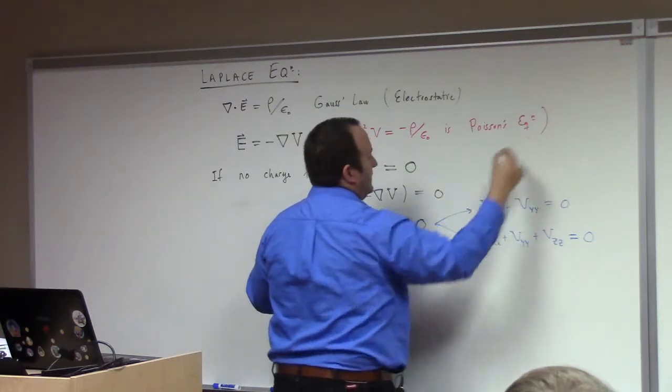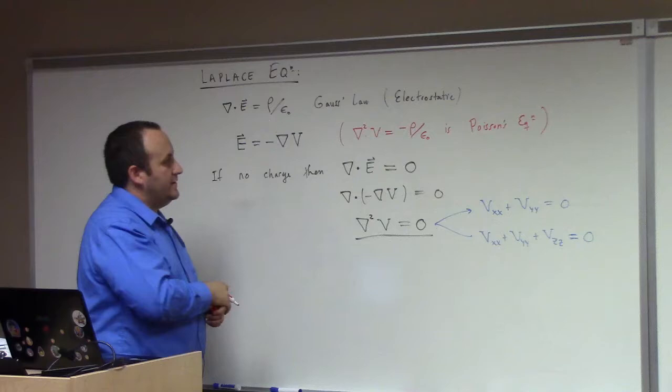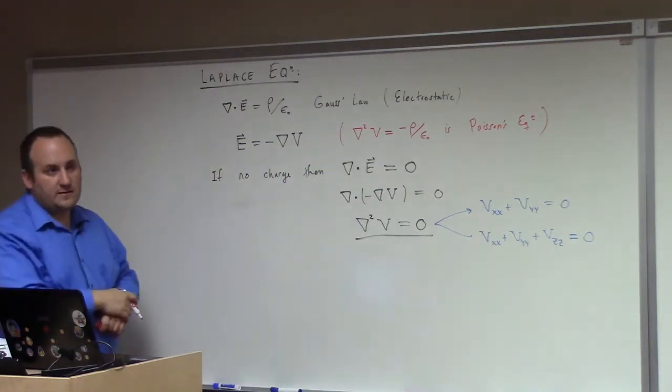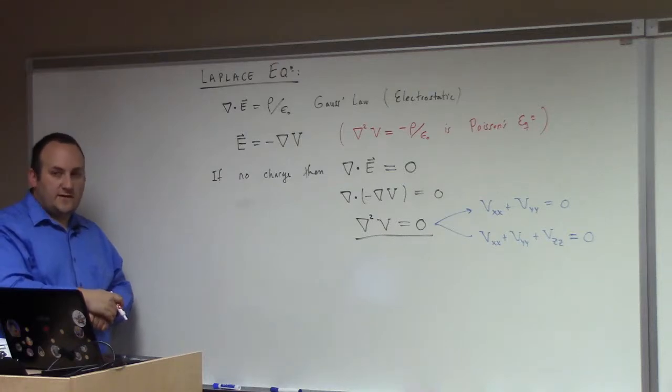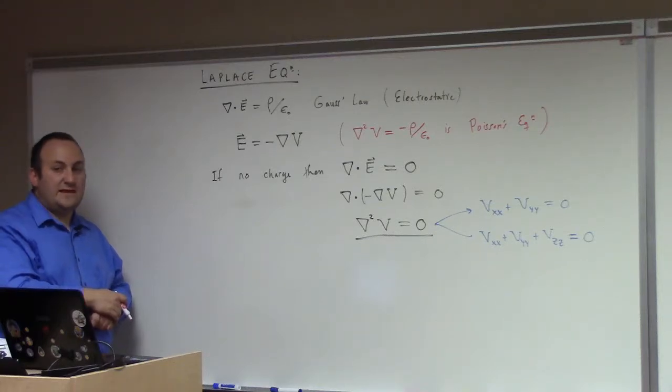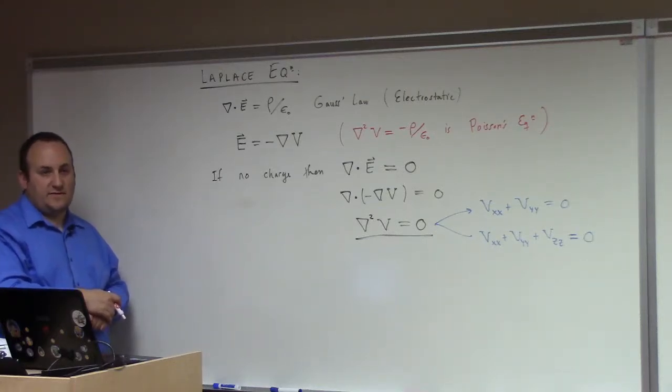Last semester in Calculus 3, I made some effort to develop some theorems which basically show you that if you're given the distribution of charge on some region, then you can solve Poisson's equation uniquely, subject to how the charge appears on the boundary.